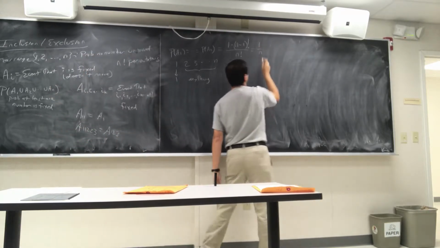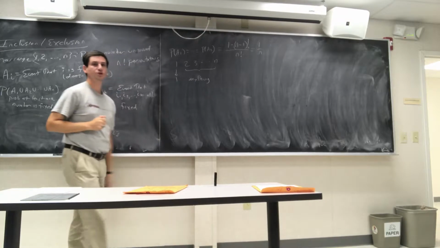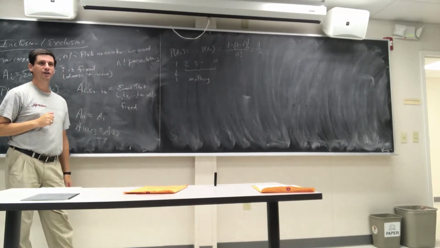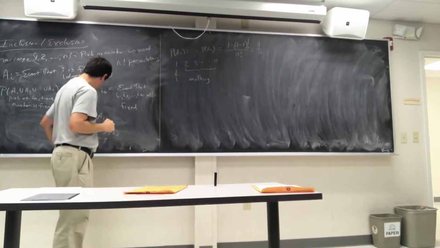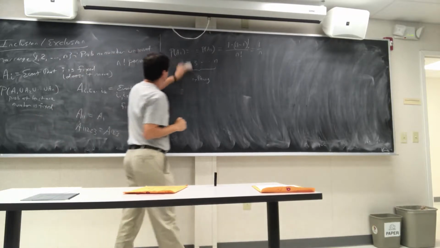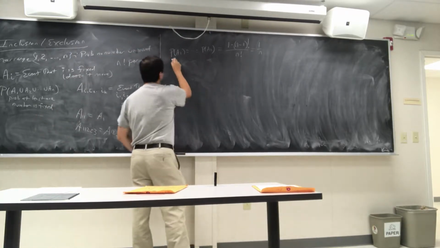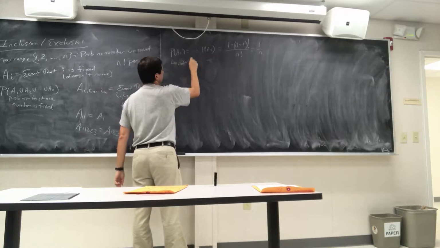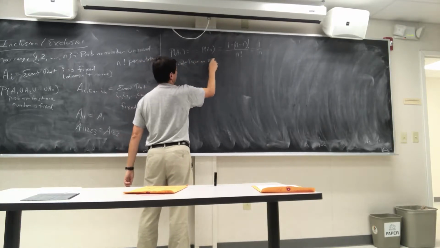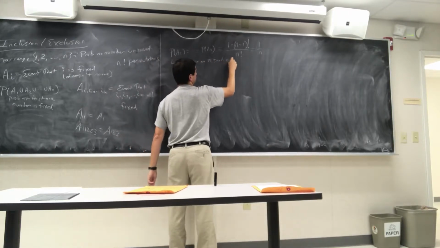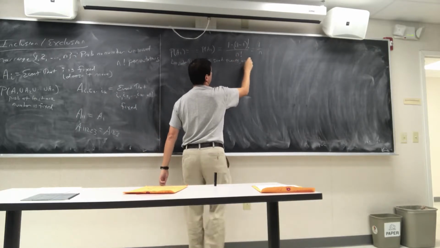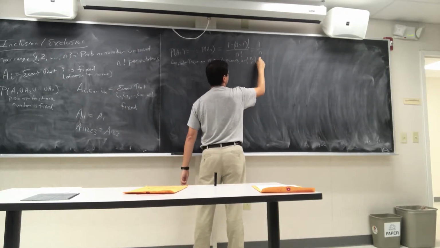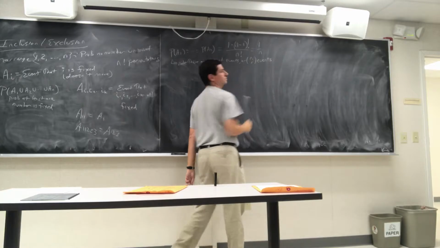This is the same as 1 over n. It might be worth noting that, it might not. It comes down to how the algebra goes. Okay. So note there are n such events, or n choose 1 such events.